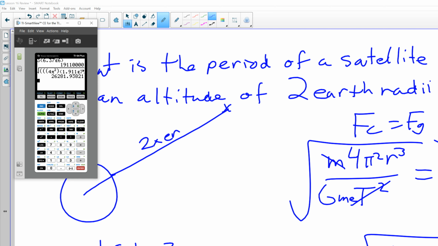Okay, so I am getting a period of 26281.93821. I keep every one of those numbers.